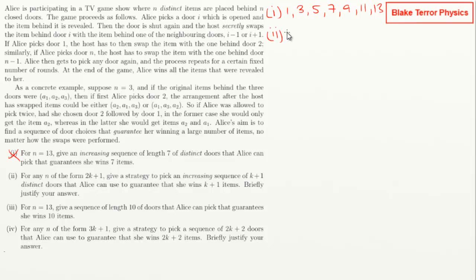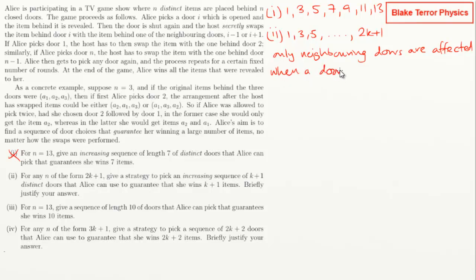So 1, 3, 5, dot dot dot, up to 2k plus 1 as the end one. So why is this okay? Because only neighbouring doors are affected when a door is chosen.